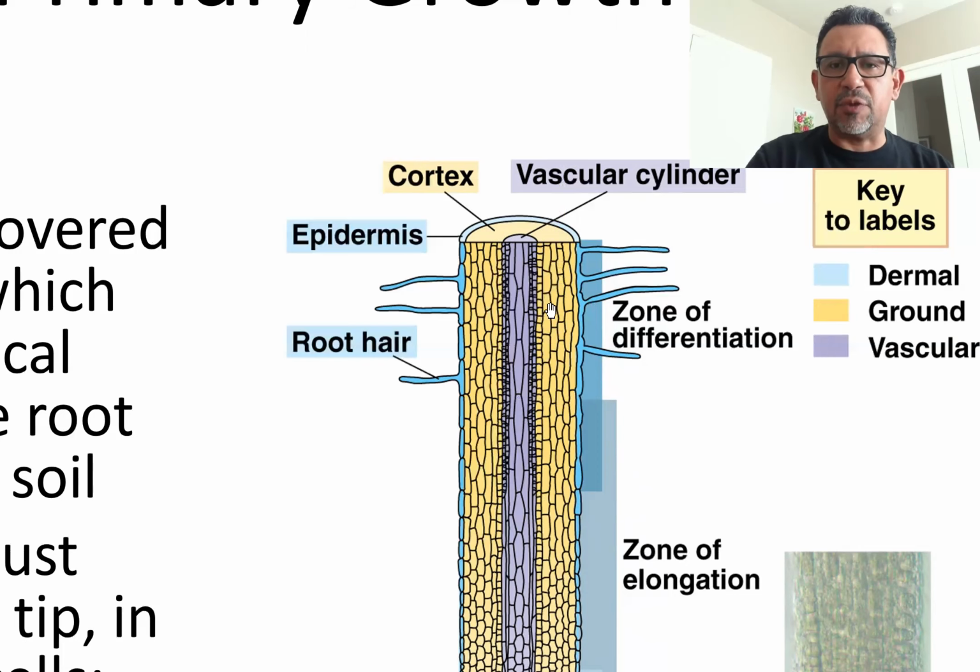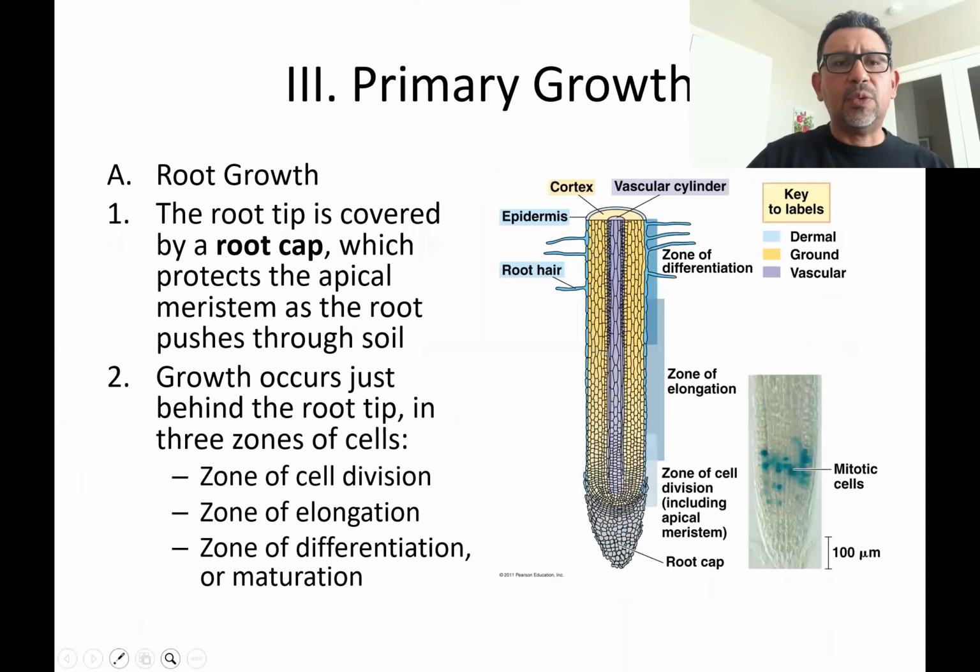So these cells, for sure, now can be used, for example, for the storage of nutrients. These cells of the vascular cylinder are going to be participating in the transportation of materials, and the cells of the epidermis are going to be, for sure, providing protection to the root.